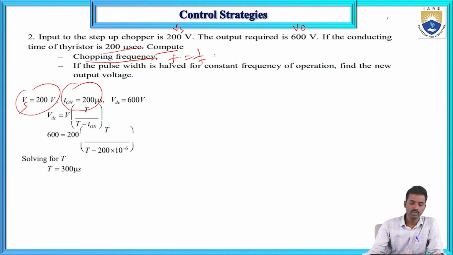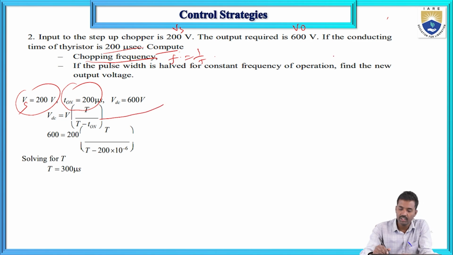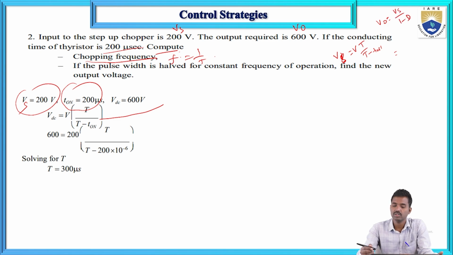T you need to calculate. How will you calculate this? I am explaining this formula. In the boost converter, what is the formula? V naught equals Vs by 1 minus D. Let me derive this one.